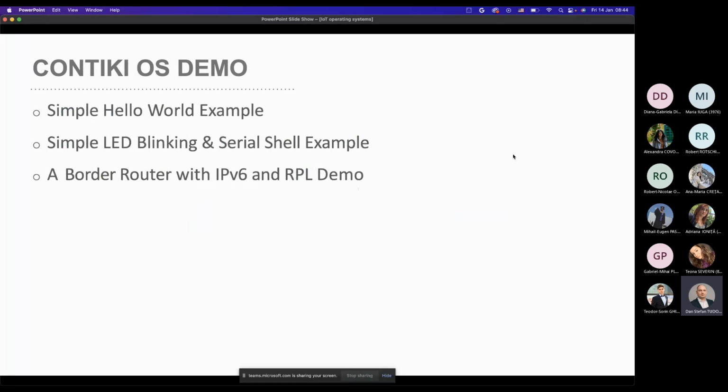And then we're going to finish off with a full network stack implementation application with a border router that uses IPv6 to connect different nodes that are establishing an ad hoc multi-hop network, and then connect to the internet and see the data that the network is collecting through a web browser. So this is what we're going to be talking about next.